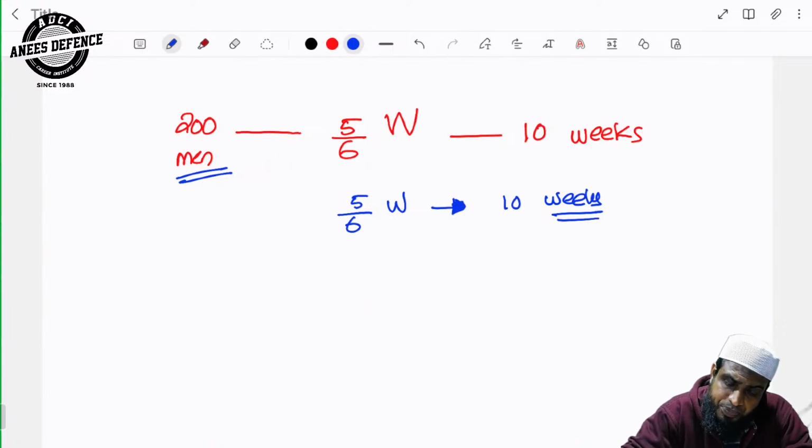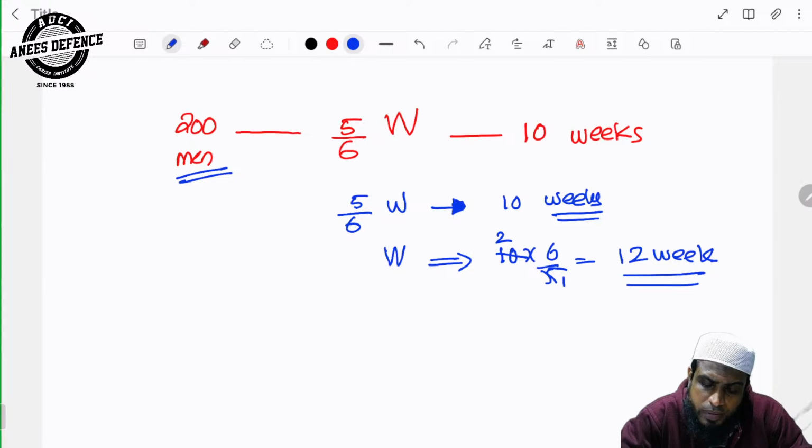We will see. So to complete the work, how many weeks did they require? 10 into 6 by 5. For completing the whole work, they required 12 weeks.